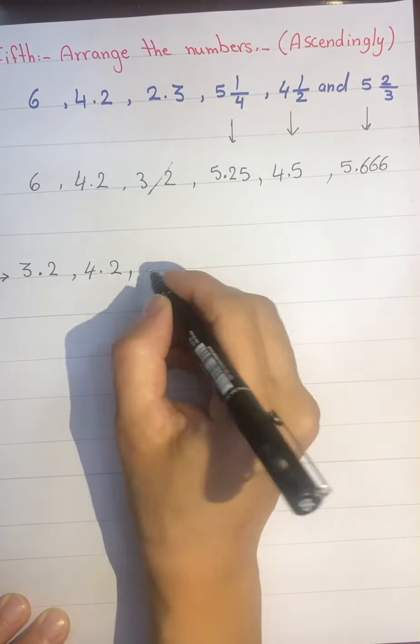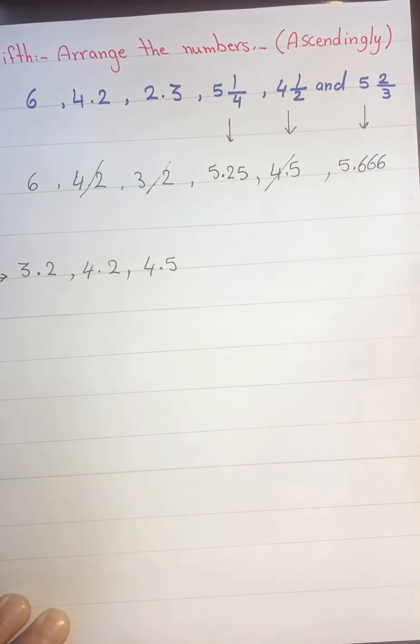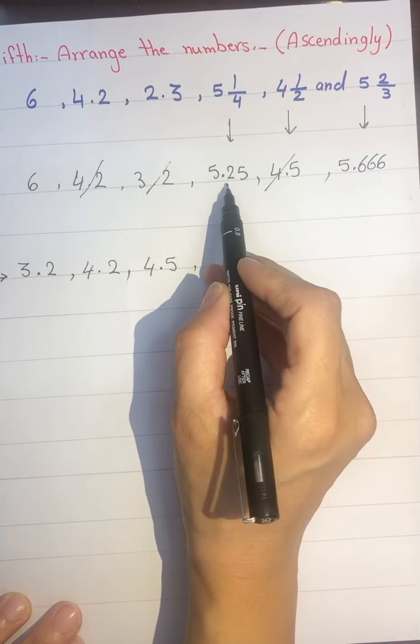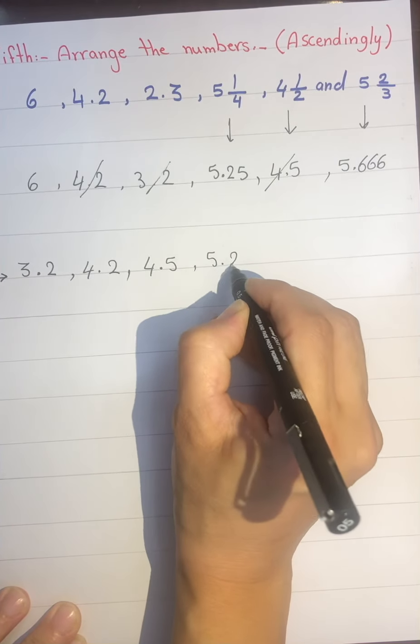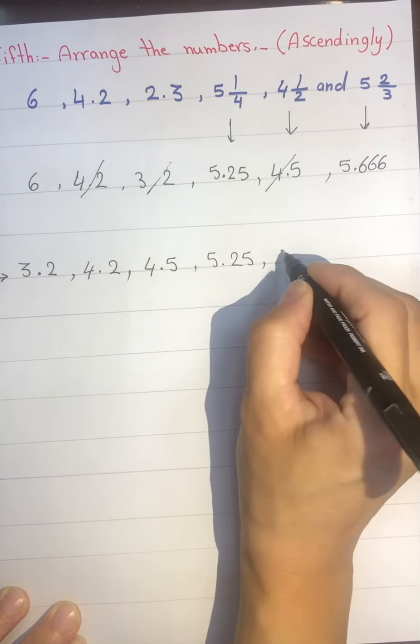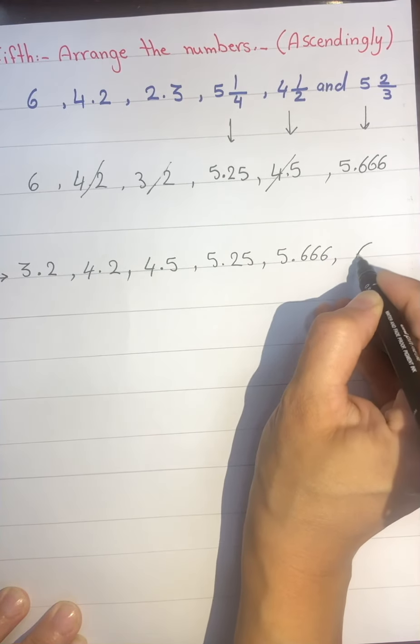After that, 4.5. After that, 5.25 or 5.666, of course 5.25. After that, 5.666. The last one, 6.